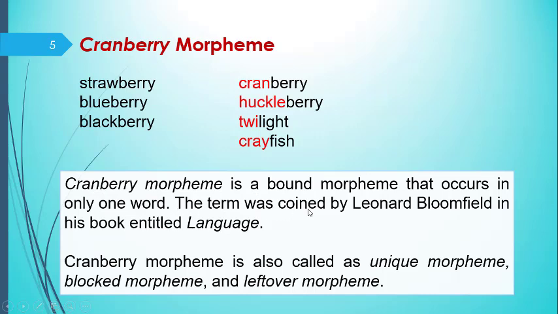The term was coined by Leonard Bloomfield in his book entitled Language. Leonard Bloomfield is one of the most influential linguists. You have to know about Leonard Bloomfield. Cranberry morpheme is also called unique morpheme or blocked morpheme or also leftover morpheme.